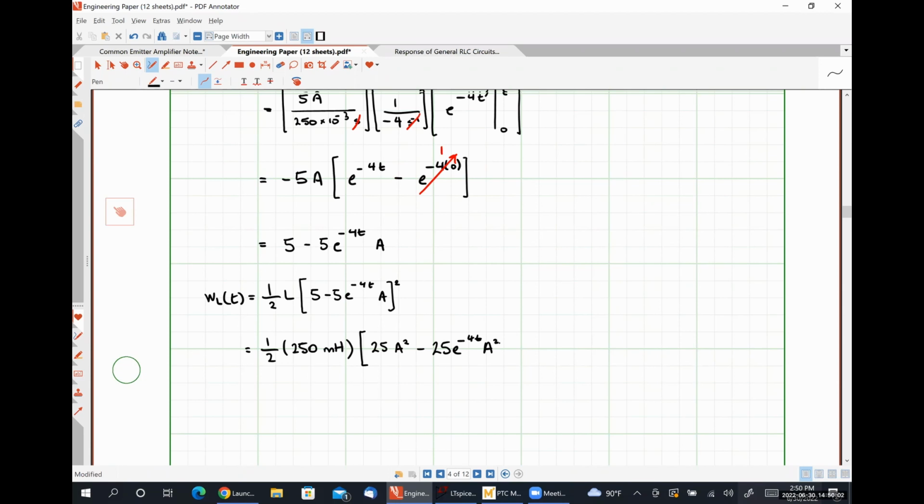Then I'm going to have another of that same thing, -25 e to the minus 4t amps squared. And then lastly, I'm going to multiply -5 e to the minus 4t times -5 e to the minus 4t, which is going to look like plus 25 e to the minus 8t amps squared.